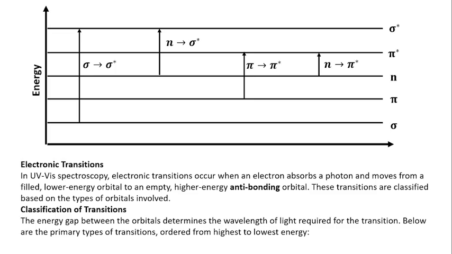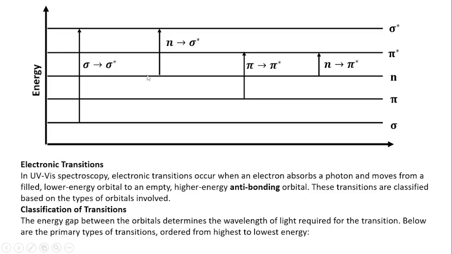And pi star is the unfilled or empty high energy anti-bonding pi star orbital. And next the sigma star, that is the empty or unfilled high energy antibonding sigma orbital. So the electrons from the low energy orbitals jump to the high energy orbitals, and this transition occurs.